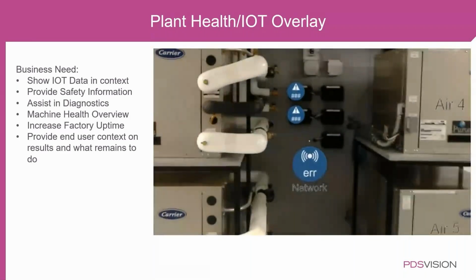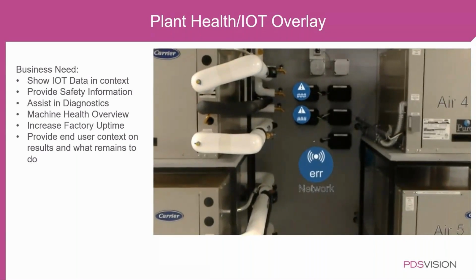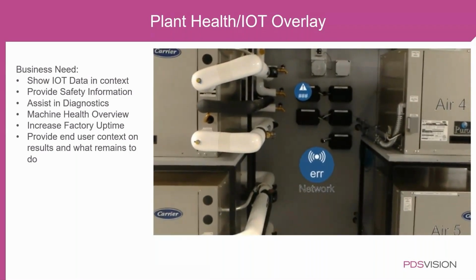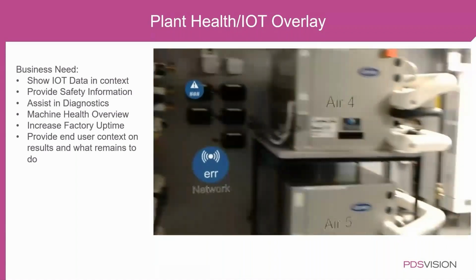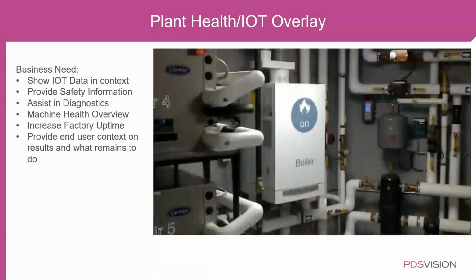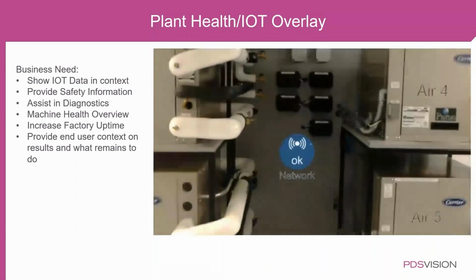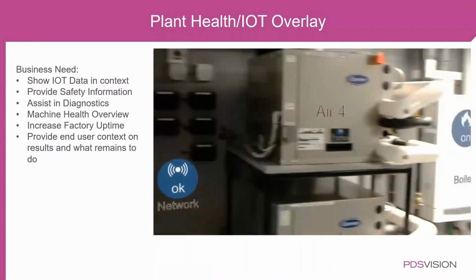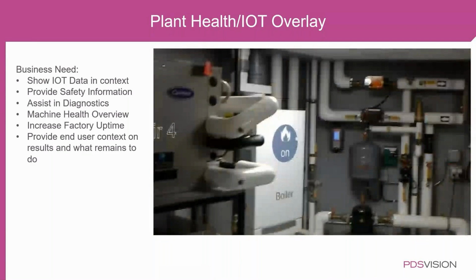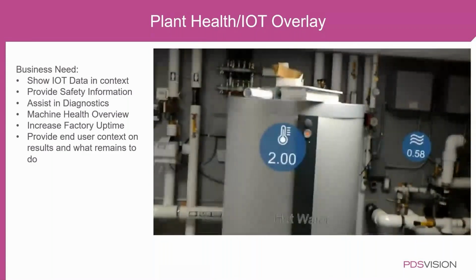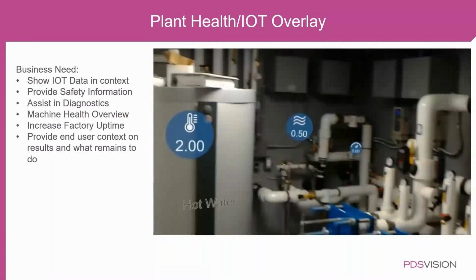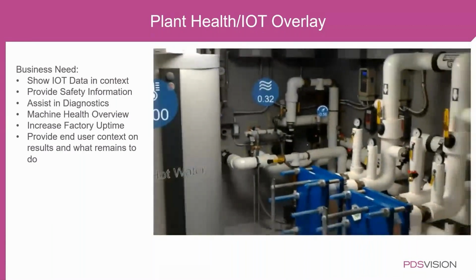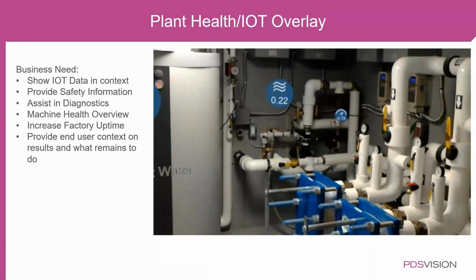So IoT data coming through, and then I'll let it get to the next one here in a moment. And here the user is just looking around and seeing different information about the parts they're looking at, the machines they're looking at. So we're getting a plant health overview.